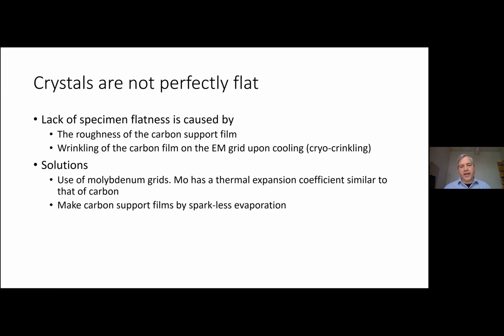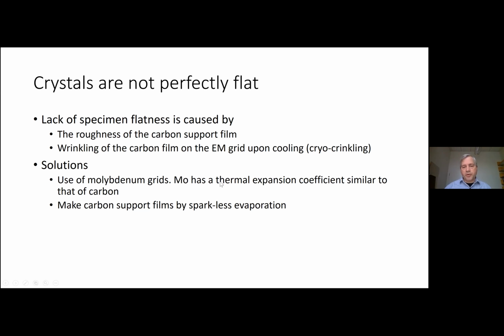The flatness could be compromised because the carbon support film might not be that flat, and when it freezes, carbon has a different thermal expansion coefficient than the copper that was more commonly used. So it causes the carbon film to wrinkle a little bit, which makes the crystals not flat.